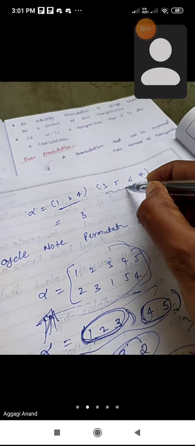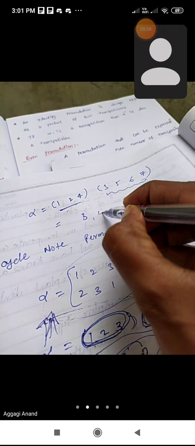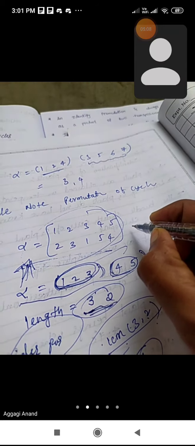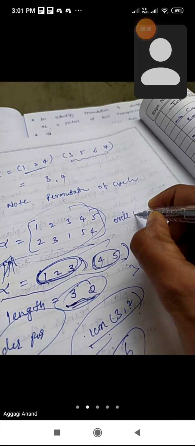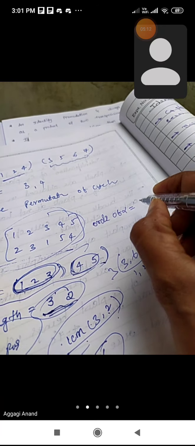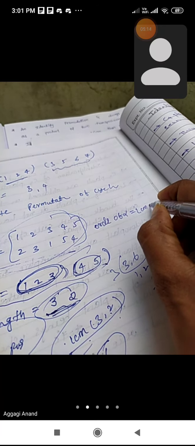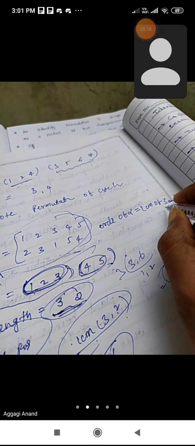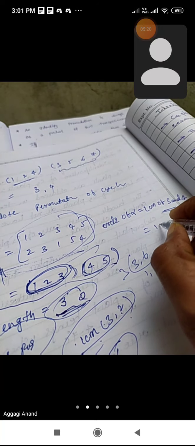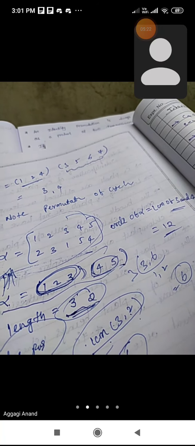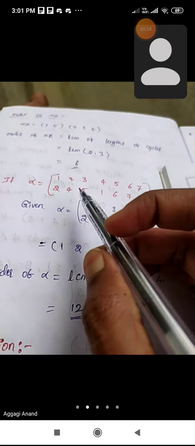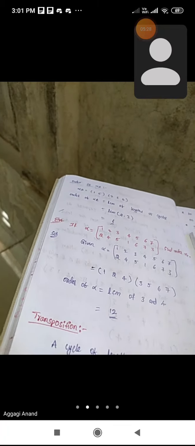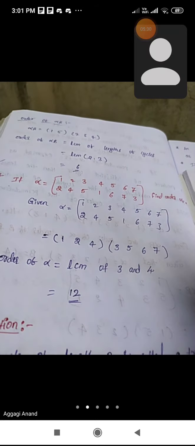The length of the first cyclic is 3. The length of the second cyclic is 4. So the order of alpha is the LCM of 3 and 4. The LCM of 3 and 4 is nothing but 12. So the order of alpha is equal to 12. Any problem we can solve by the same method.